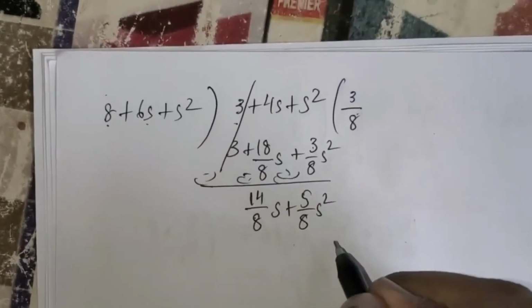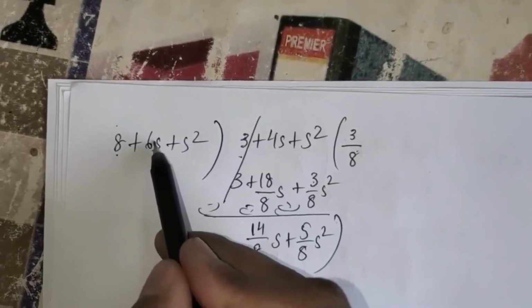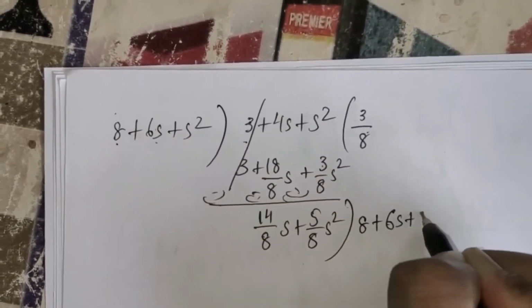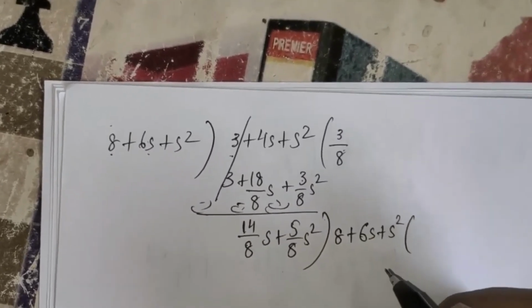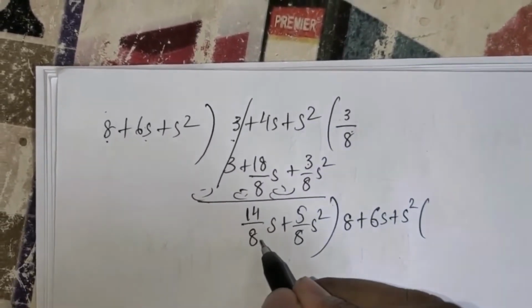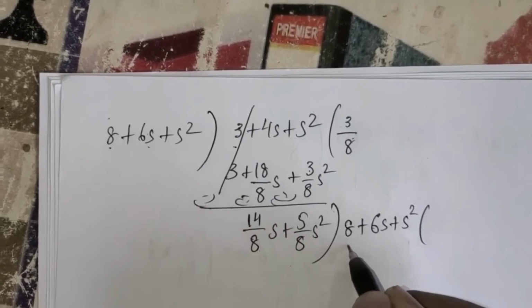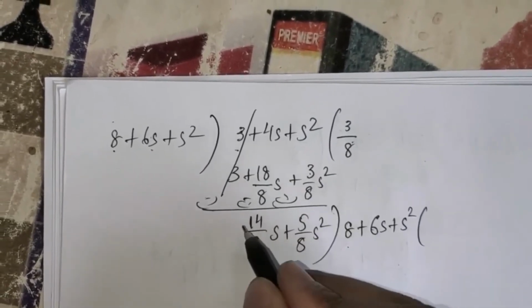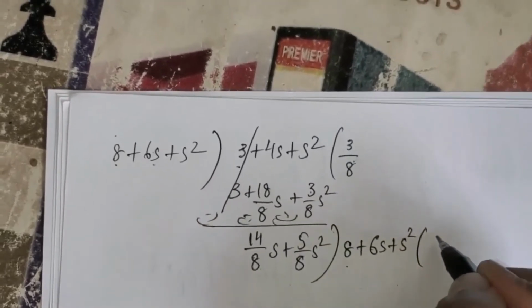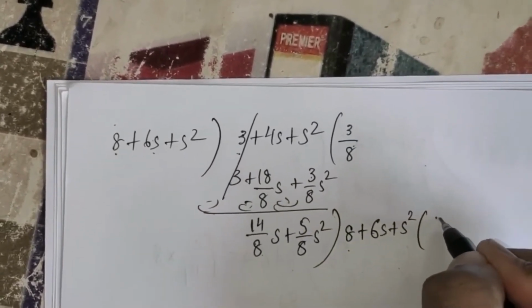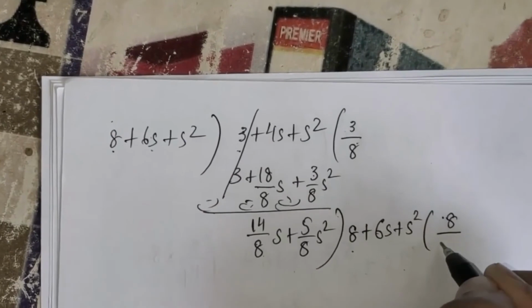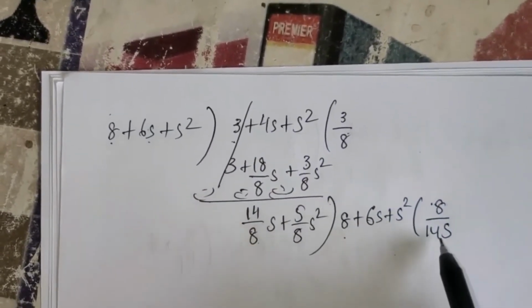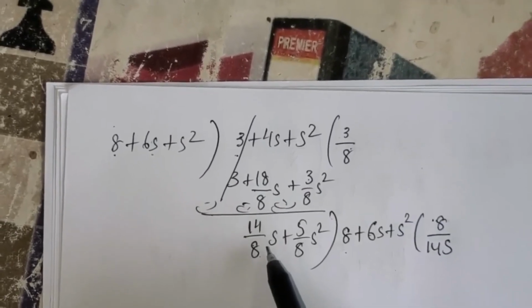Since the remainder is positive here, write the same term 8 plus 6s plus s square. So here I have 14 by 8, but I want 8 here. So in order to eliminate this term, I'll multiply by 8 by 14 s, so that I'll get the coefficient as 1.